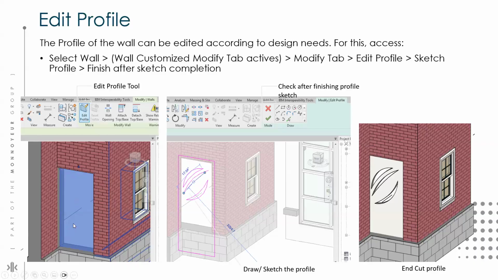It is quite a thin wall, let's say 95 or 100, so it works like a screen or an interior partition, a screen jali. For this, I can just go ahead, edit profile, and whatever shapes I draw into that will be cut out, visible in screenshot number 3 as a jali cutout. So edit profile is another very useful feature.